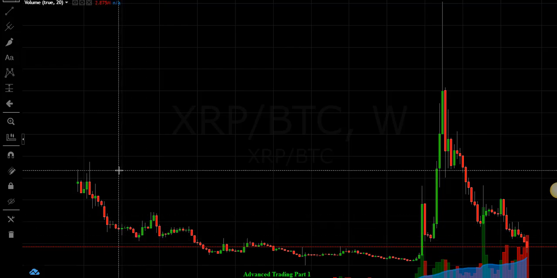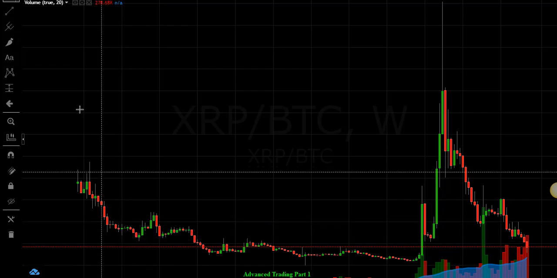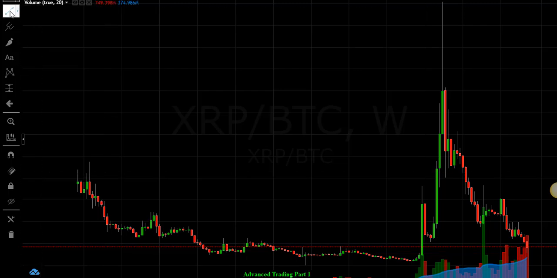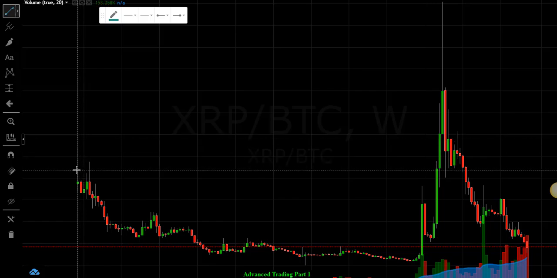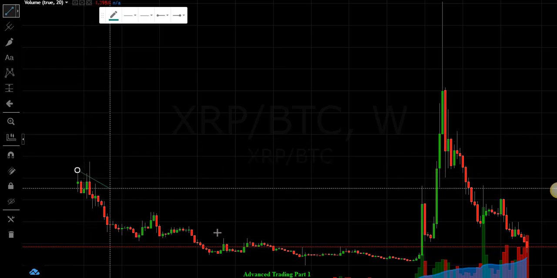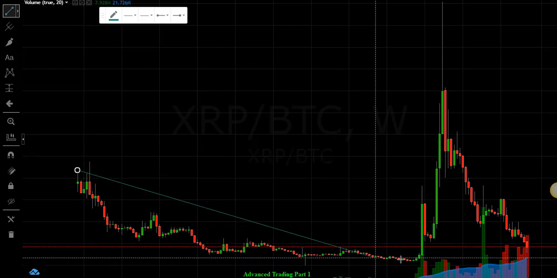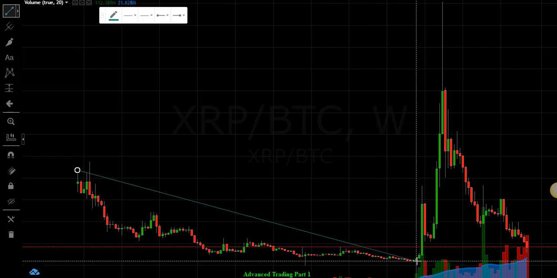The first thing that I want to show you guys is bull versus bear trends. Typically speaking, in order for a trend to actually be a trend, it has to have at least 3 highs and lows. So it started out here, and then we can see it went in a downward bear market to about here.